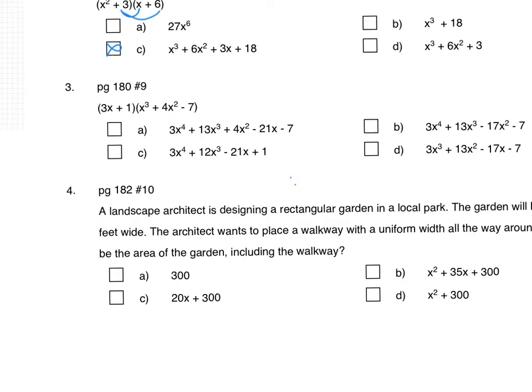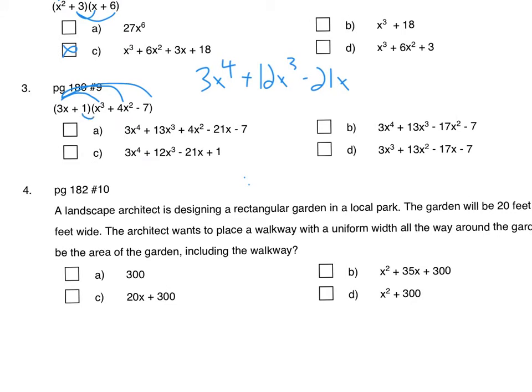So as we distribute the 3x, I get 3x to the fourth. And then 3x times 4x squared is 12x cubed. And then 3x times a negative 7 is negative 21x. And then I do the same thing with the 1.